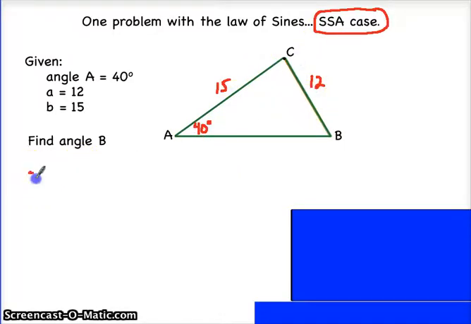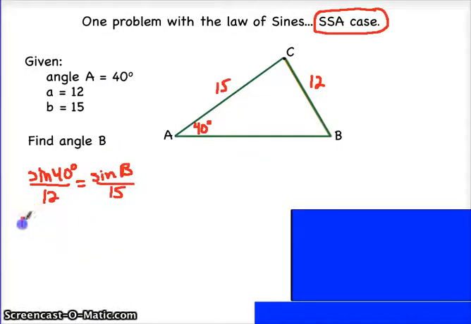Sine of 40 degrees is to side 12 as the sine of angle B is to side 15.